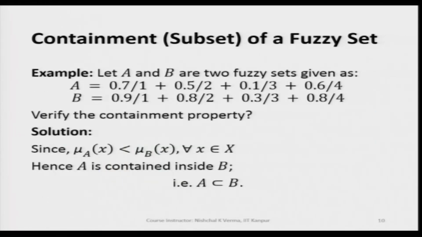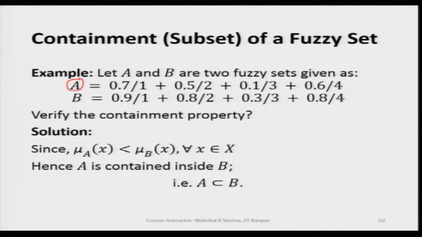So, let us now take an example here to understand the containment or the subset of a fuzzy set better. In this example we have two discrete fuzzy sets basically.